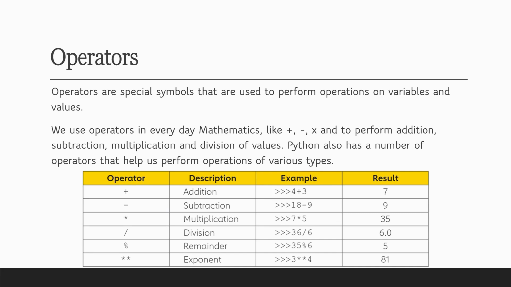That is used as the exponent. So if you want to write 3 to the power 4, then you should write 3 star star 4. This will give the value 81. So operators act like tools that help us carry out different tasks in programming. As we move ahead, we will explore the various categories of operators in detail.